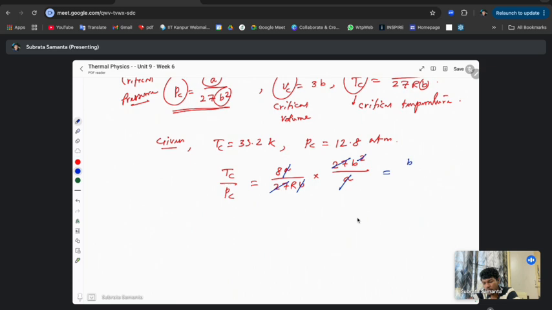We are left with B over R, and with the 8, it is 8B over R.